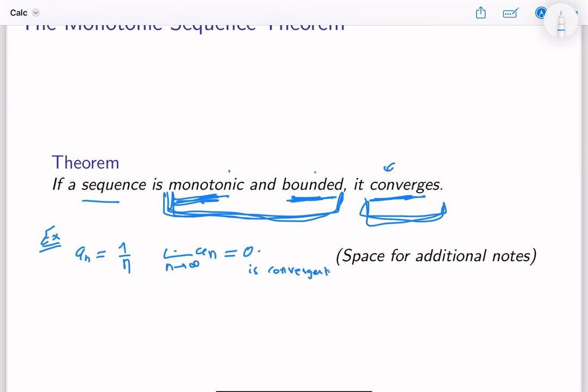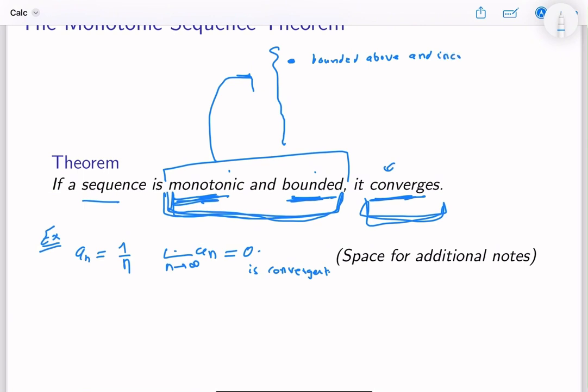Now this theorem can be stated in two different ways, and let me stress this because it is important. The first statement is that if you have a sequence that is bounded above and increasing, then it's convergent, right?